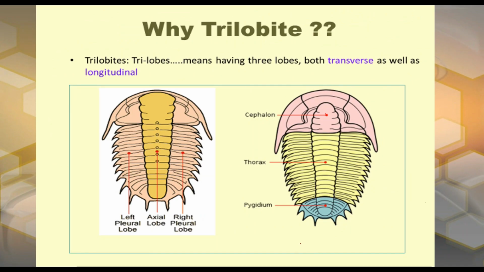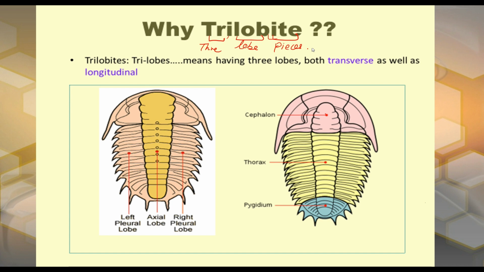So let's see about the trilobita. So tri means, if you look carefully, the word trilobita you can split into three. Tri means three, lobe means lobe, and bita means a bite, meaning piece. Okay, so it means trilobe means they have three lobes.